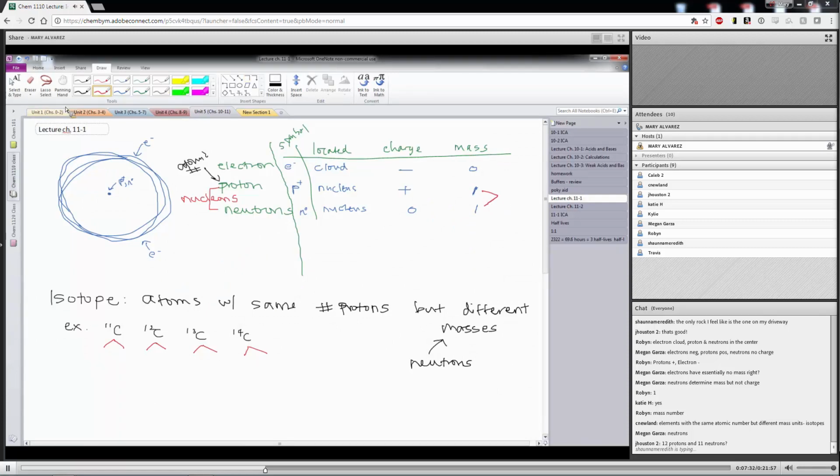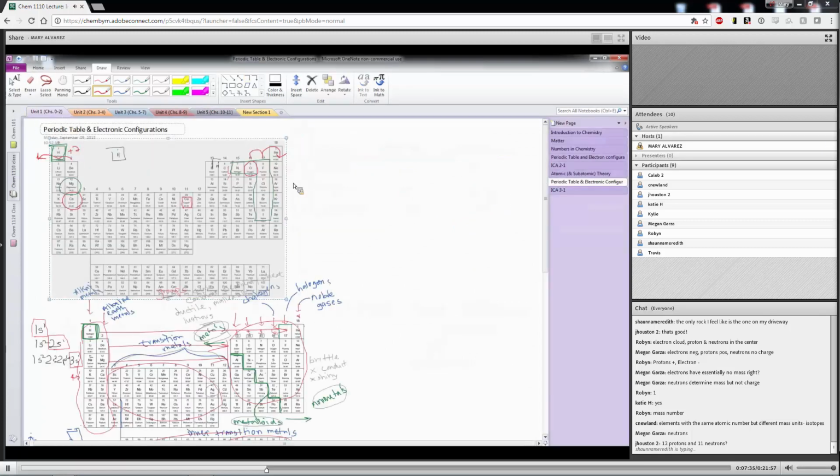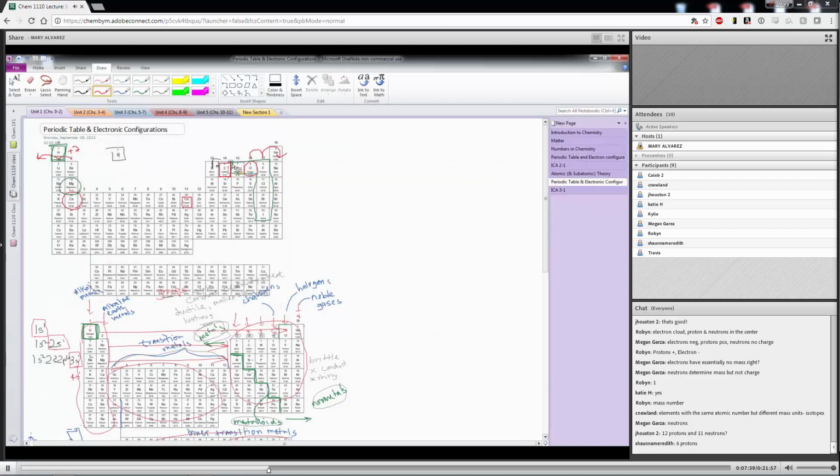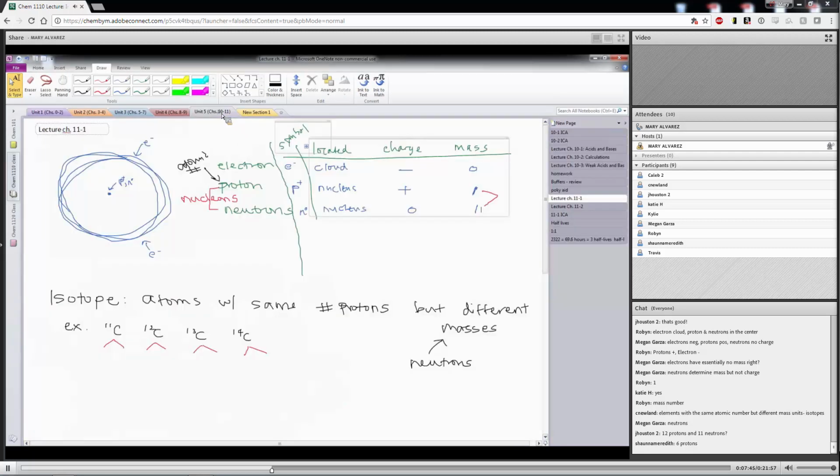If you look at the periodic table, here's carbon right here. Is that too small for you guys to see? Yeah, it's number 6. It has 6 protons. So carbon by definition has 6 protons. Each of these has 6 protons.